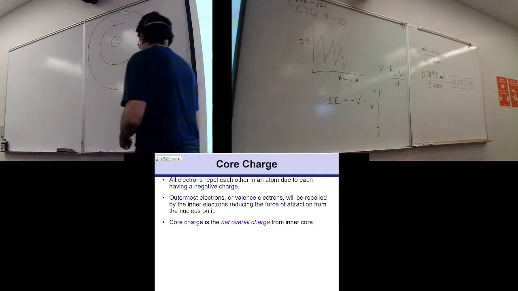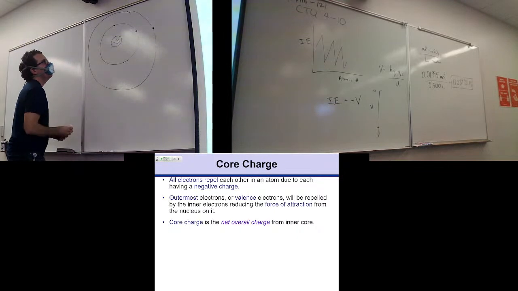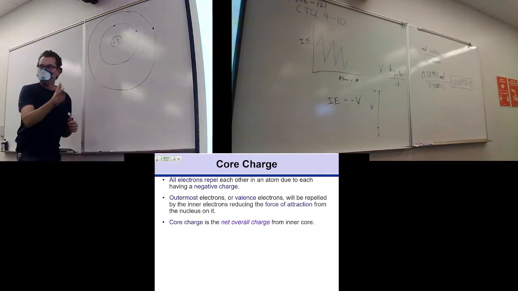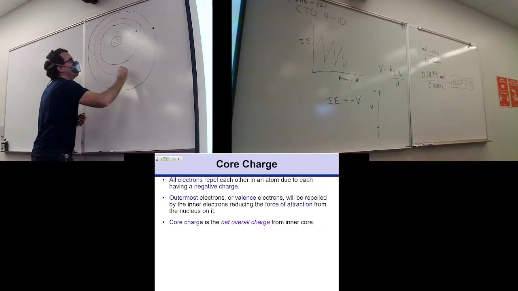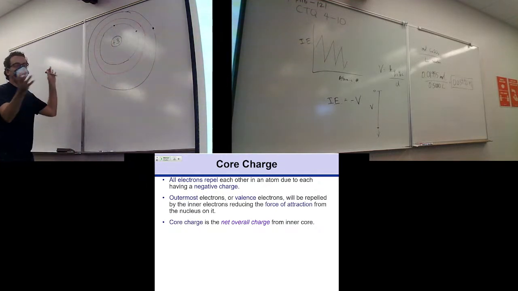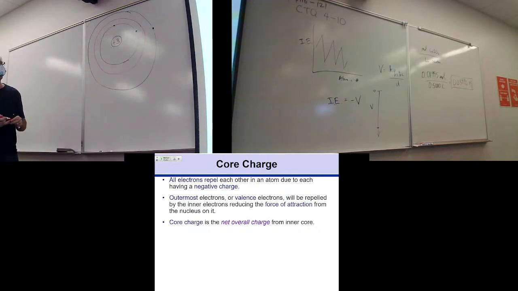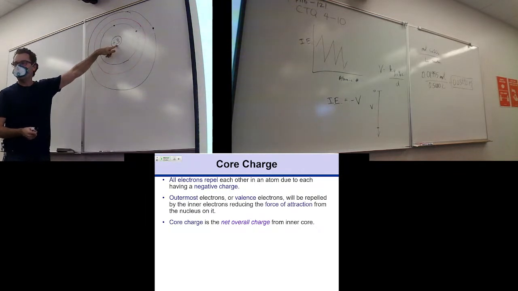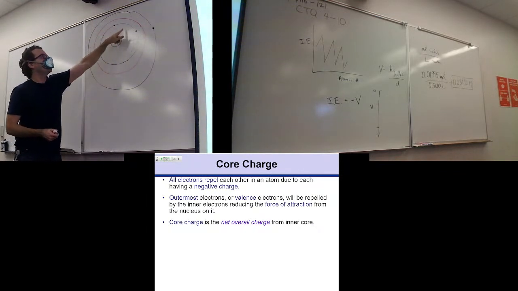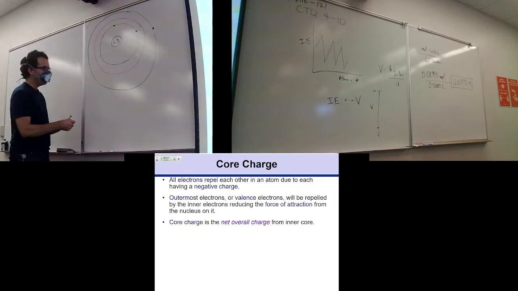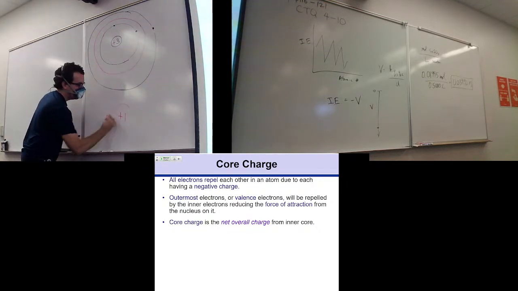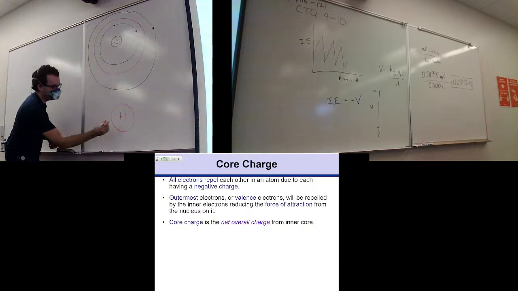In lithium's case, the valence shell is separate, but all of the inner shells and the nucleus we're going to combine into 1 number. It's pretty simple: I take the protons, which is the +3, and subtract the inner electrons, because each electron is -1. So a +3 and a -2 gives an overall +1 core charge.